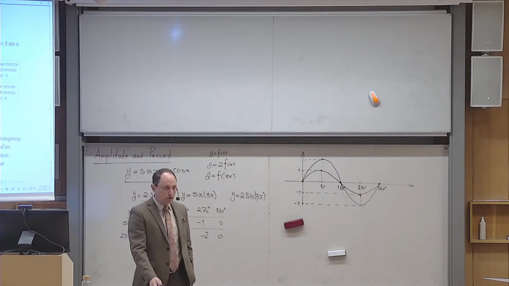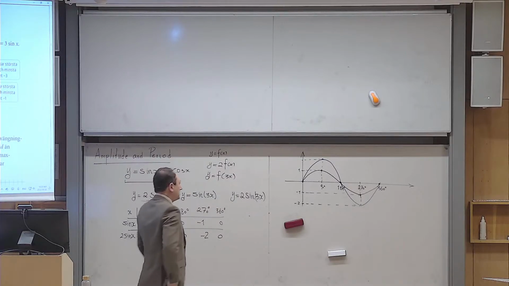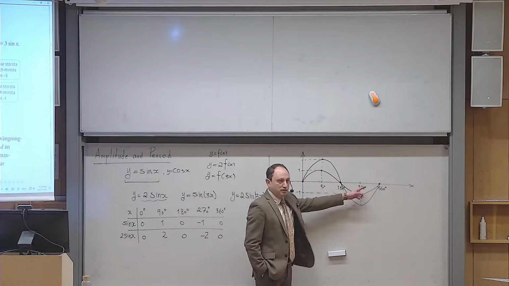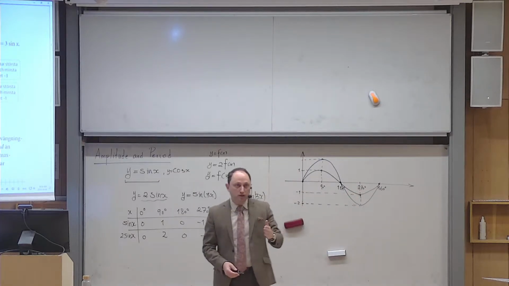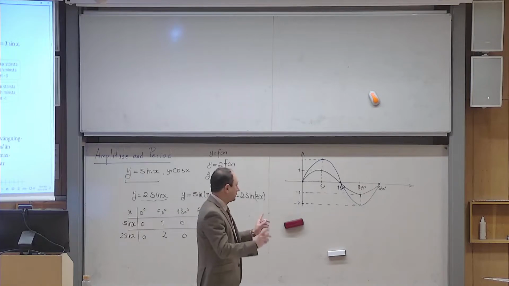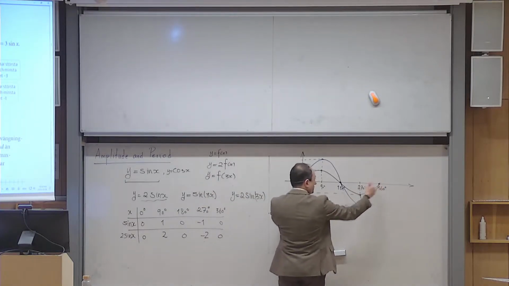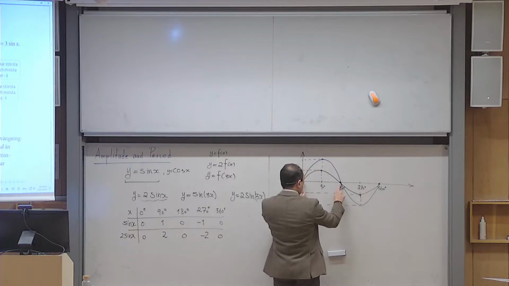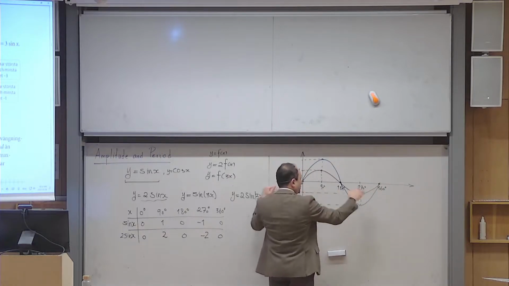So how can you describe this behavior? What is happening? Assume that this curve is a rubber band. So what you have done, you have stretched it along the y direction without affecting anything in the x direction, yes? Because you see the nodes are still the same. So I haven't done anything to the graph along the x direction.